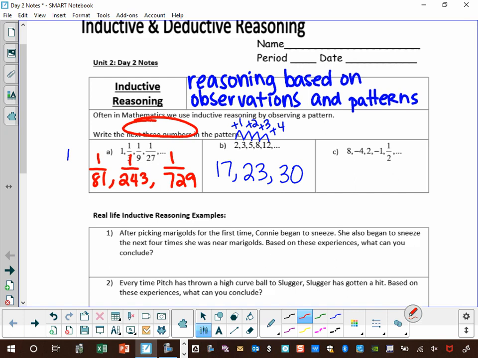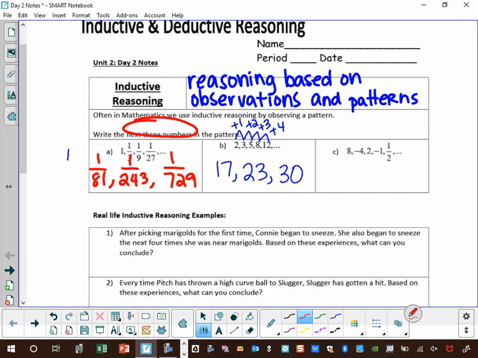Okay, so how do I get from 8 to 4? Plus 12? 8 minus 12? Okay, is that the same pattern though? Think in terms of dividing.